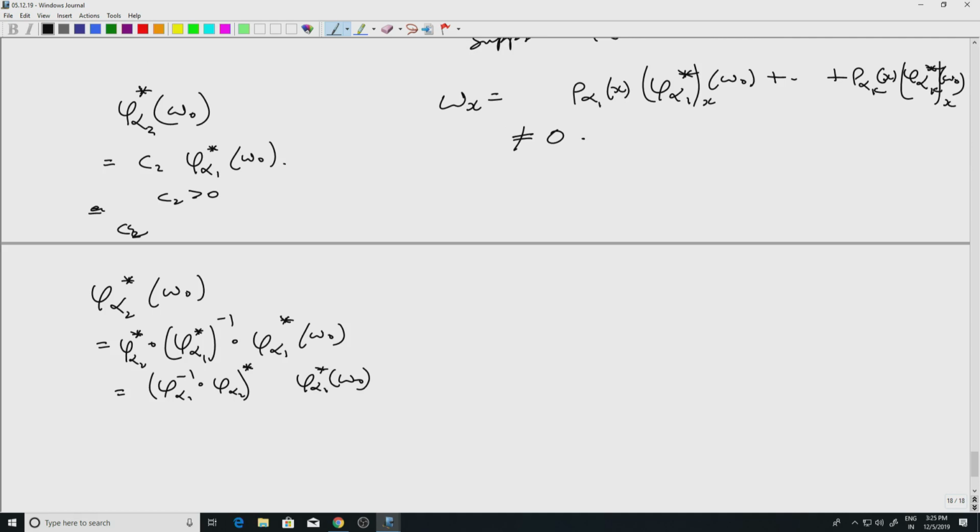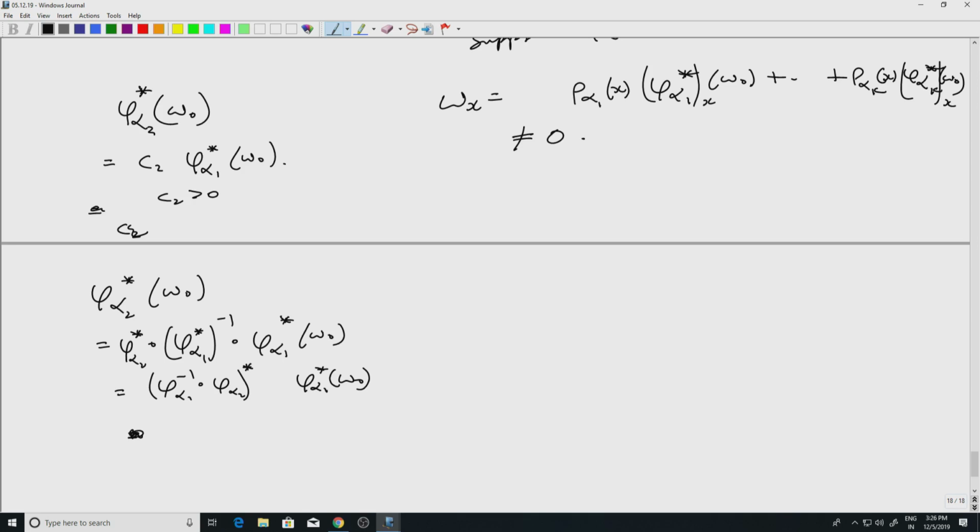And as we have seen many times, when I pull back, the star means the derivative and so on. Here it's not quite the transition function, but it's the reverse of the transition function. But at any rate, what will play a role is the determinant of the derivative of this.